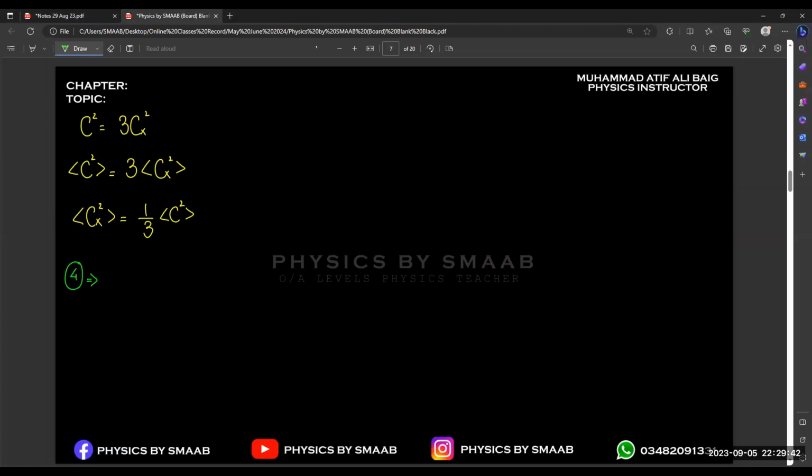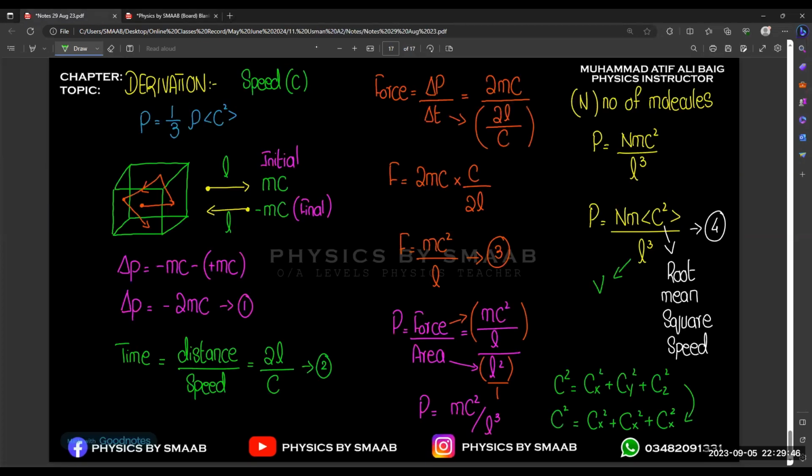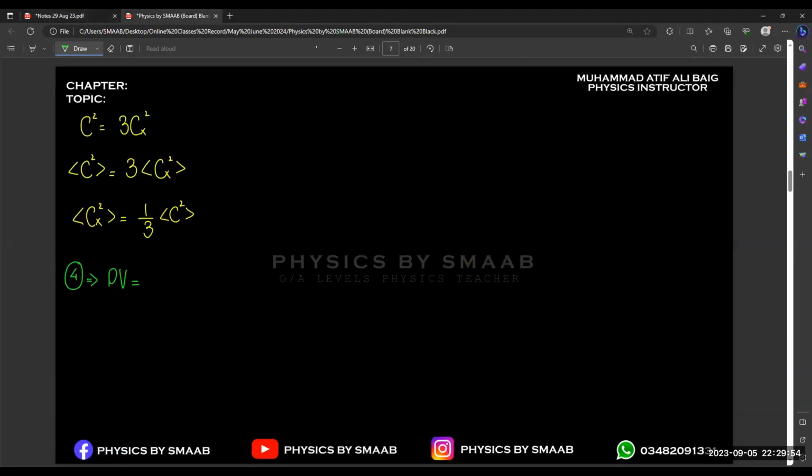So the equation will be PV on the left side, because P is already on the left, and we just multiply this volume on the left side. So it will be PV equals NM, and substituting the value of the speed gives 1 over 3 root mean square speed, right?